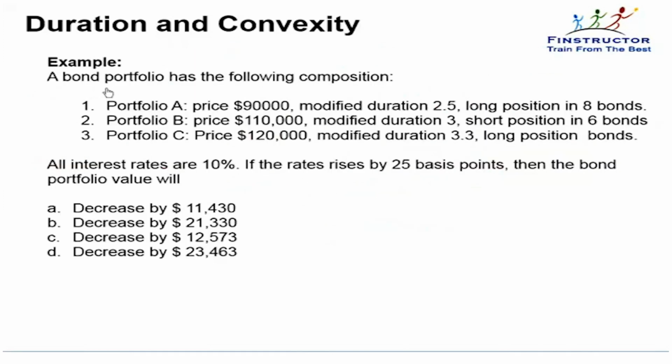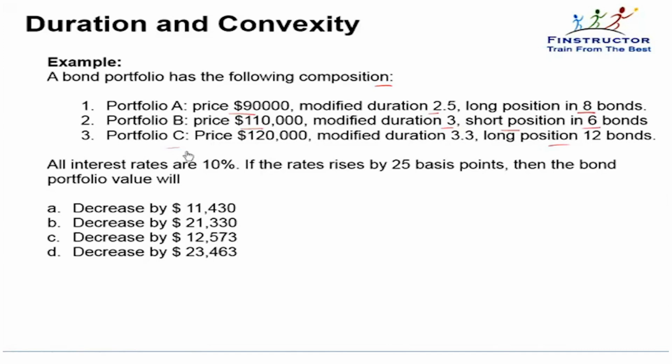Let's do one more example. A bond portfolio has the following composition. So there's a portfolio A with a price of $90,000, a modified duration of 2.5, and it is a long position in 8 bonds. Portfolio B has a price of $110,000, a modified duration of 3, and is a short position in 6 bonds.